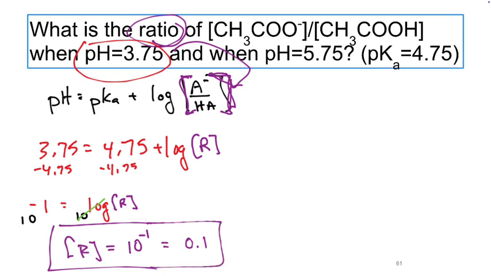What does that mean? What's the question? 3.75, I back up from our equation. We take 4.75, we subtract it from both sides, which means 3.75 minus 4.75 is -1.